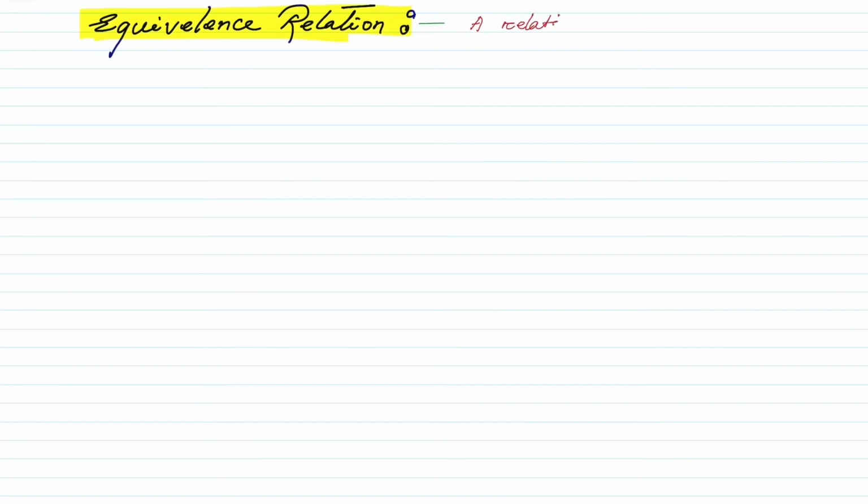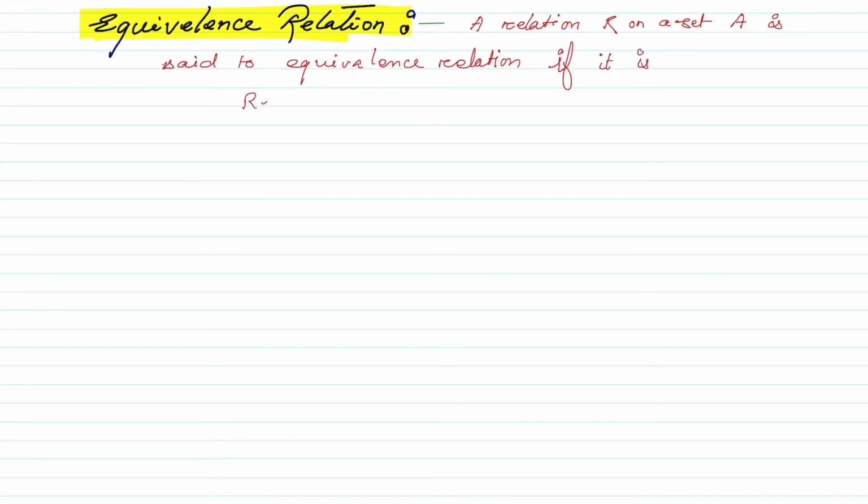A relation R on a set A is said to be an equivalence relation if it is reflexive, symmetric, and also transitive.